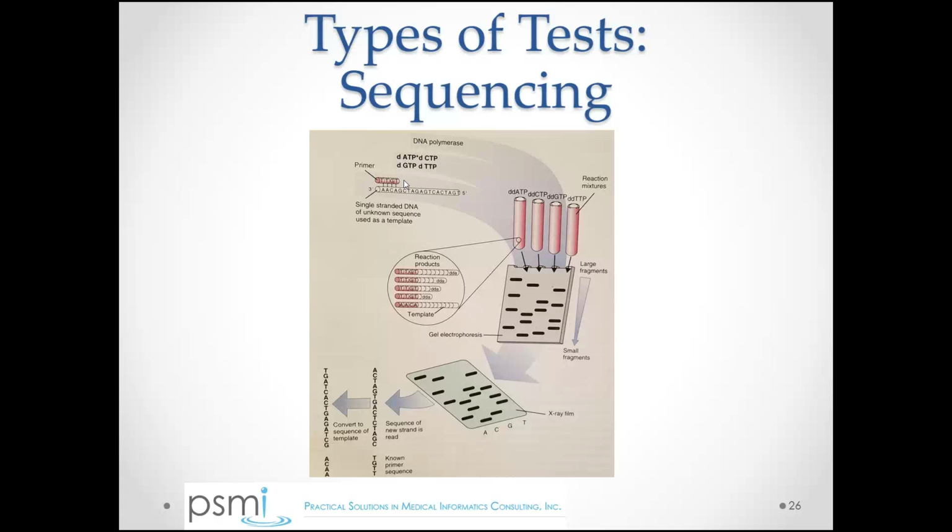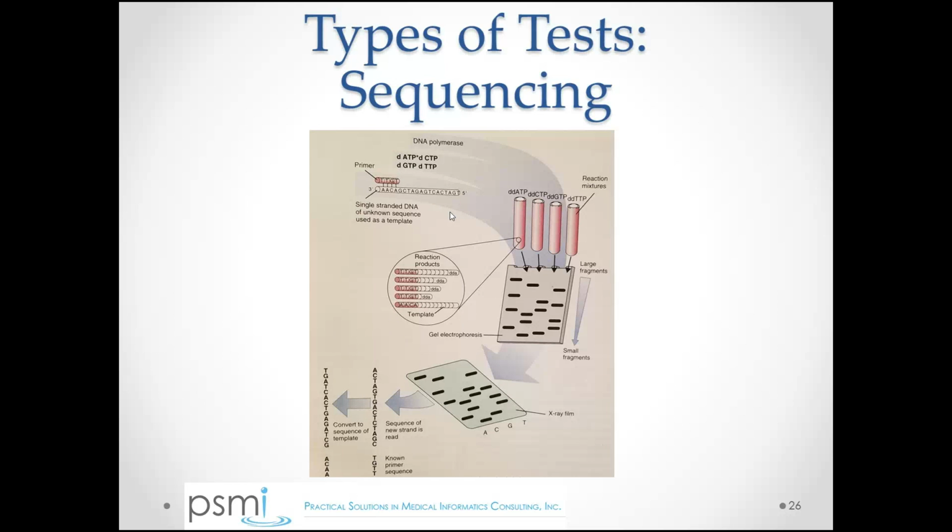And by knowing that only the G got added, I can infer that there was a C. So I'm not exactly reading the DNA, but I'm inferring the DNA by writing to the DNA and synthesizing a complementary strand, and I know what base got incorporated at each step along the way, and from that I can infer what the sequence was in the strand that I wanted to read. So DNA testing is really reading by writing.